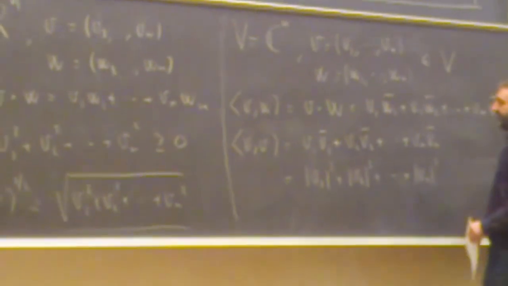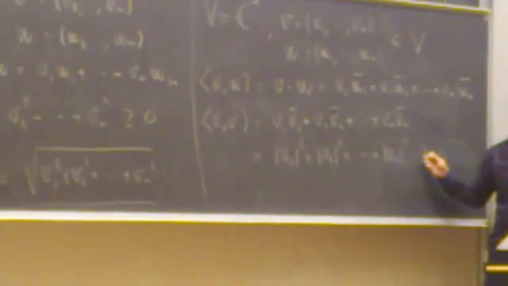So we see this is a positive number. We also see it is 0 only if all the vj's are 0, and that is the same thing as saying v is 0. So notice here why we take the complex conjugate of the second variable. We do that in order to make this positive.